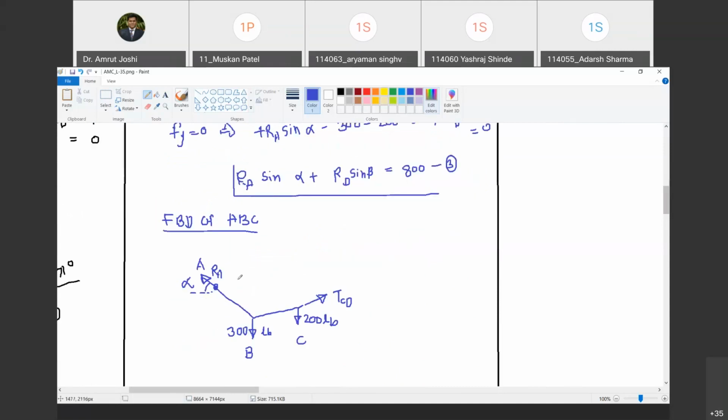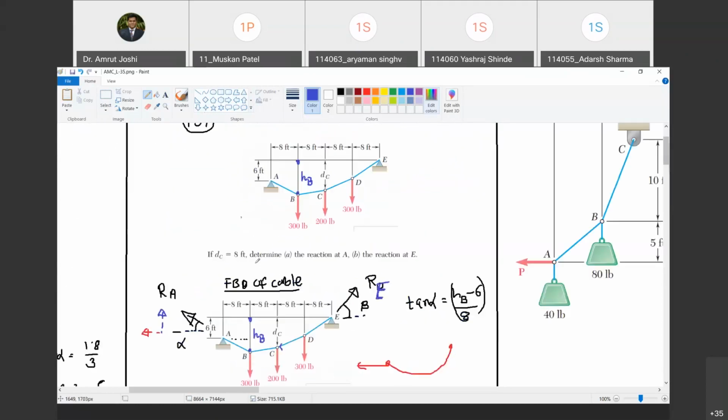But look at the way we are handling this unknown. This point is C, and what is the distance between A and C? That distance is not given. Do you agree with me? The distance between A and C is not directly given, but we know the value of DC.